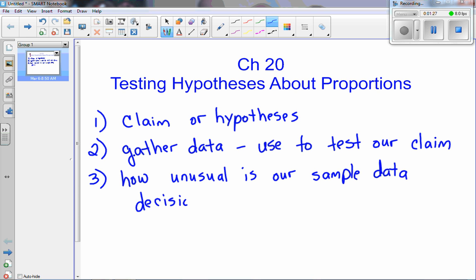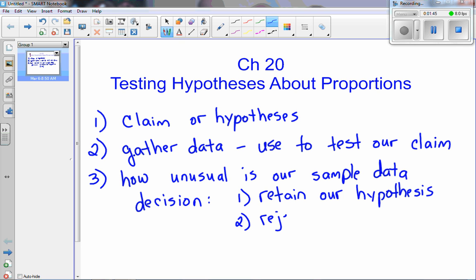The first decision we might make is to retain our hypothesis, or we might reject our hypothesis.